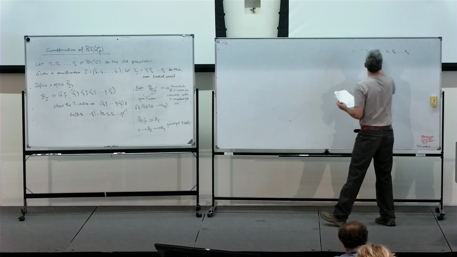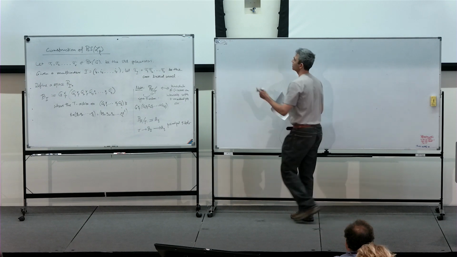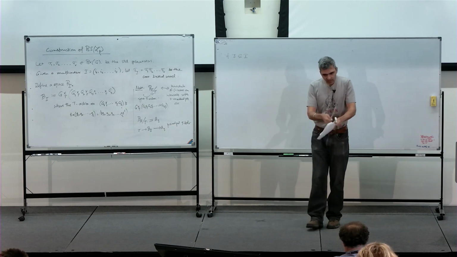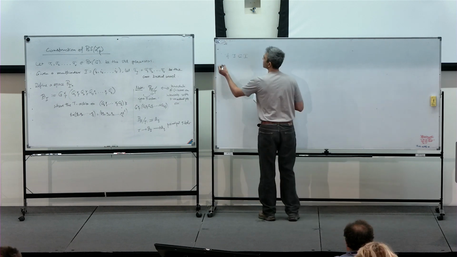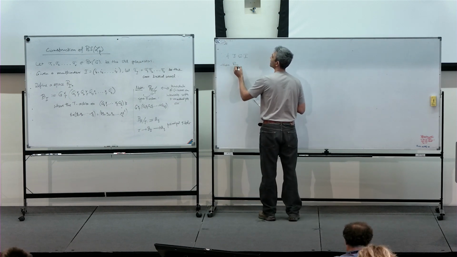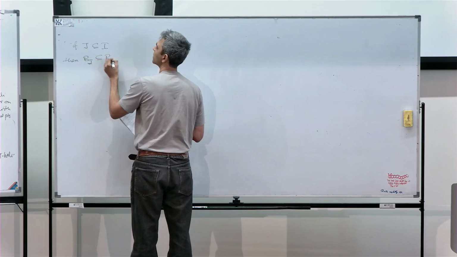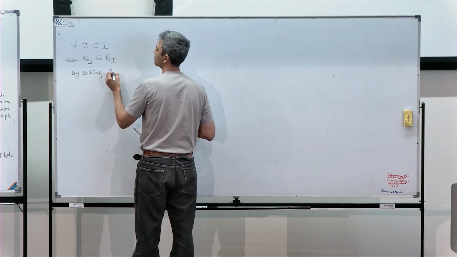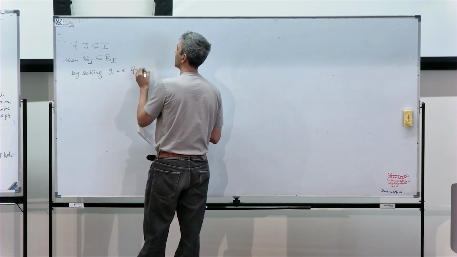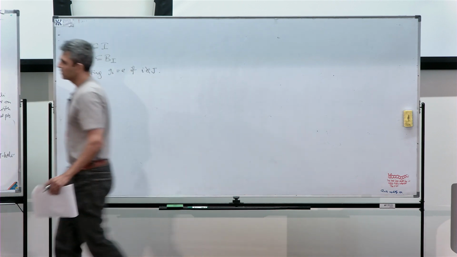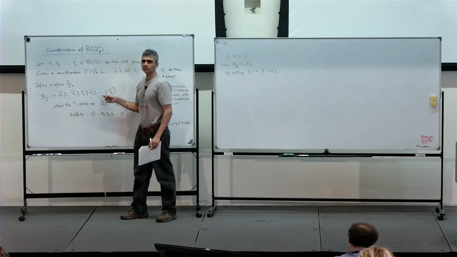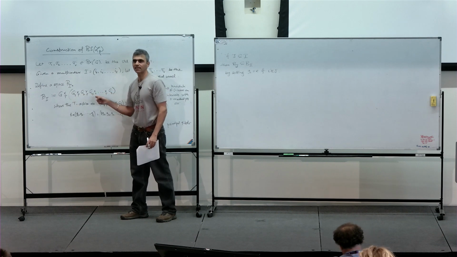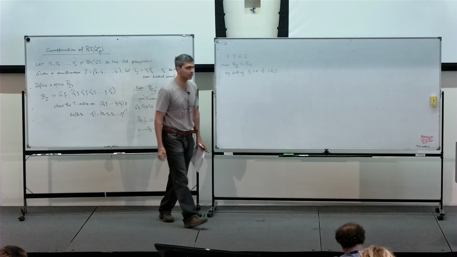The first observation is if J is a subset of I, so J is just a multi-index that is a sub-collection of I, then B sub J sits inside B sub I by setting G sub I equal to the identity if I does not belong to J. So just think of B sub J as those G_I for those I's that lie in J, and then you want to make it sit inside G_I, just set those indices which don't lie in J as the identity. So that gives you an inclusion.